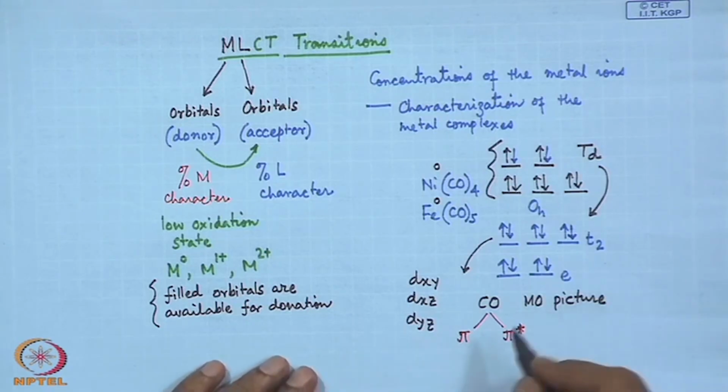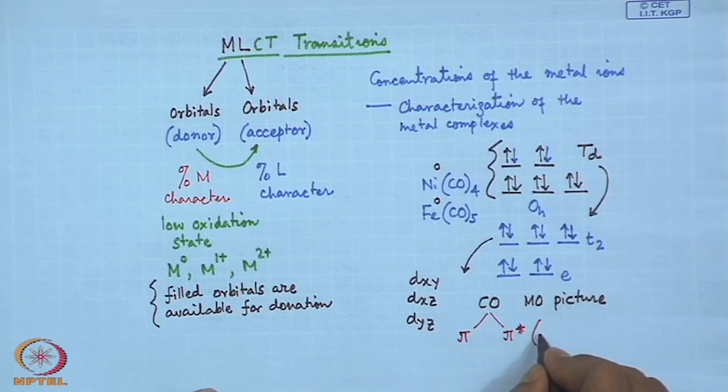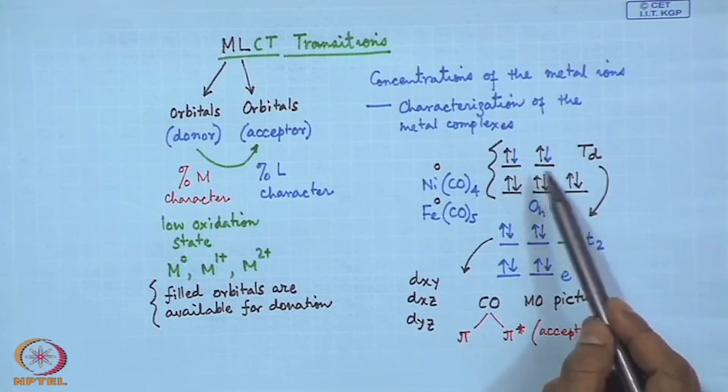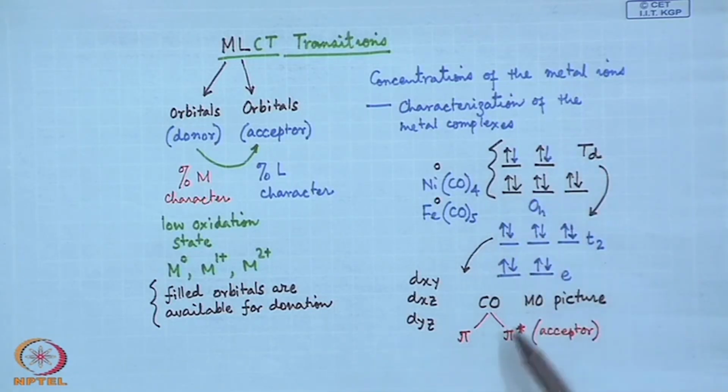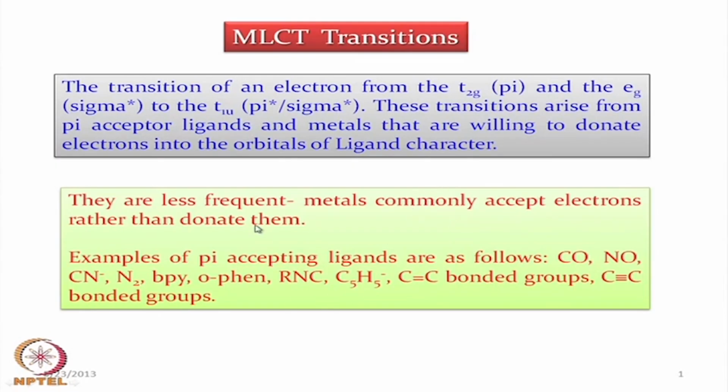So, if the pi star orbital is available for acceptance, that means if it is behaving as an acceptor orbital, then a certain amount of charge from these orbitals, which are mainly metal centered, can be pushed to the ligand acceptor orbital. Since it is accepting electron density, it is behaving as a pi acid. So, these ligands function as pi accepting ligands.